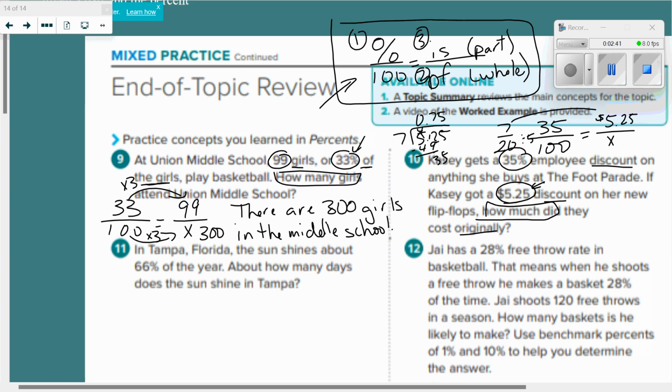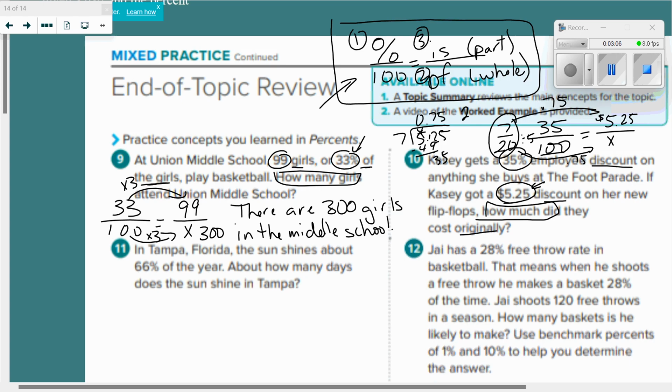So I know I'm actually multiplying by 0.75. If you look at it, it makes sense: 5.25 is smaller than 7. So I'm going to take the 20, and don't forget that I'm going from this point, not the 100.